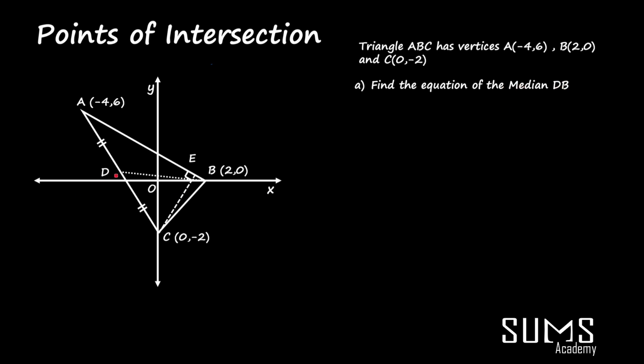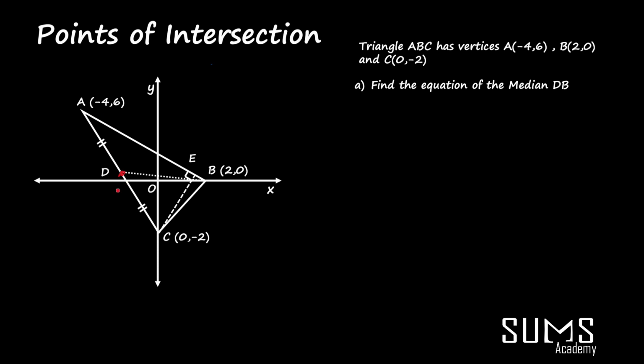So we can see here DB. And we should remember that for a median, that's going to be halfway between the points A and C on the line which it is on.